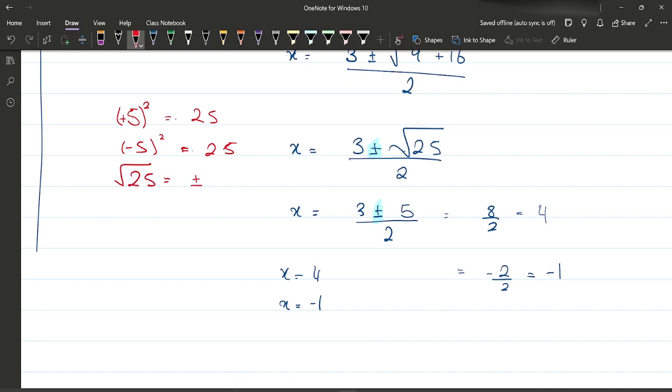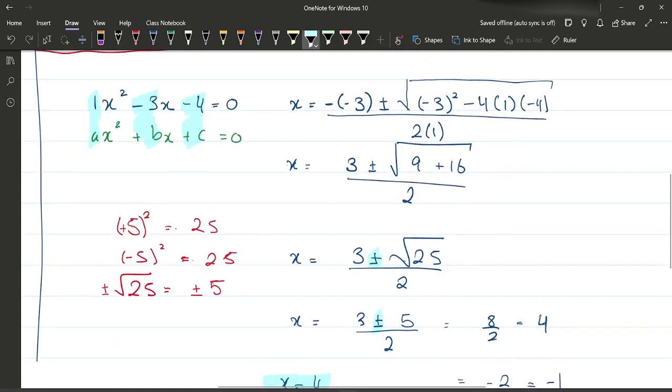So we write plus minus 5, saying that both of these can be solutions, which is why we put a plus minus there. Because whatever you do to one side, you must do to the other side. That is also what gives us two answers. So here are our answers.